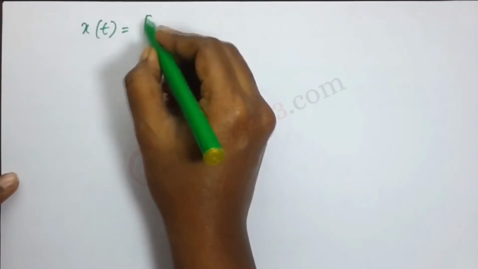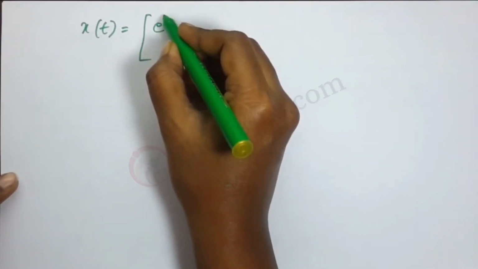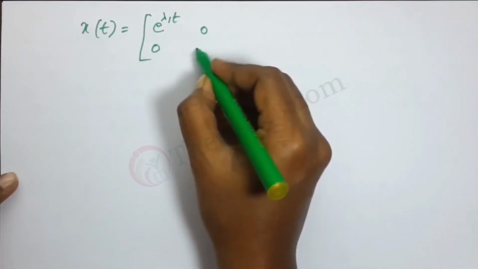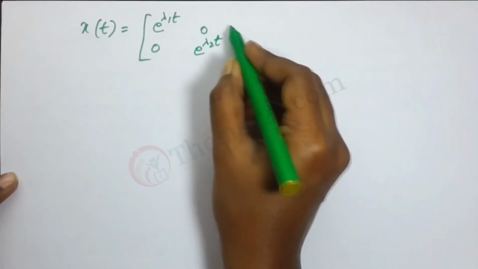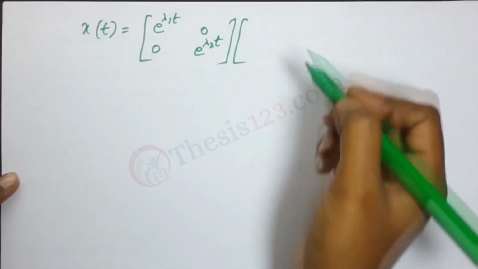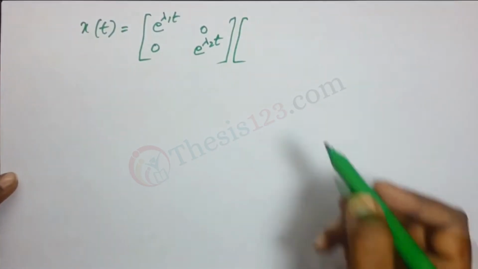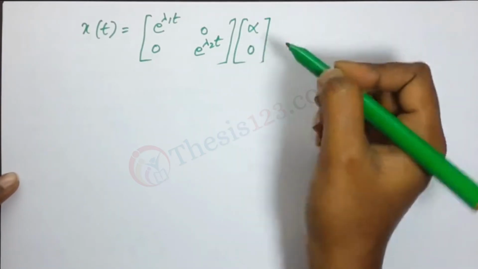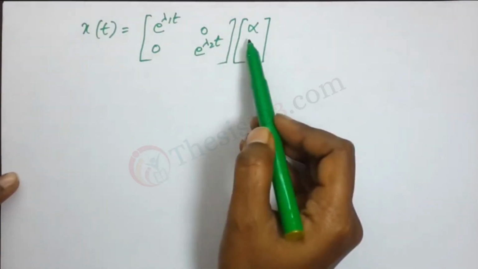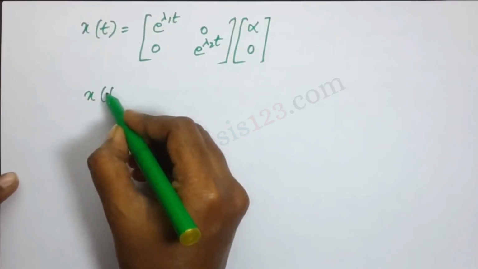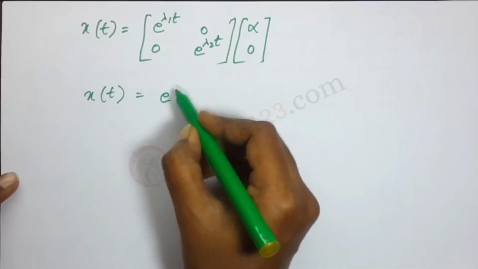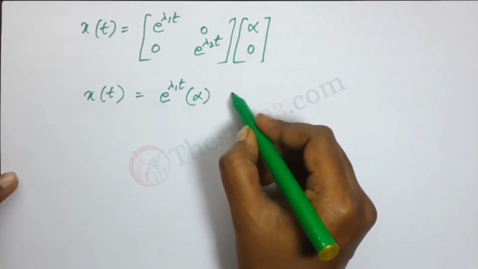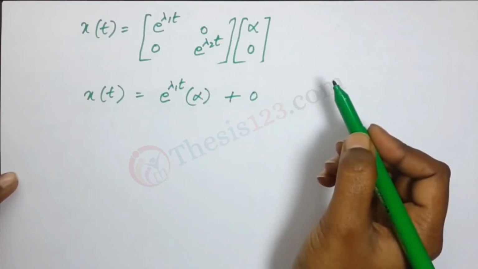Phi of t is what we have, the 2 by 2 matrix, which is e power lambda 1t, 0, 0, e power lambda 2t, into x of 0, which is our initial condition, written in matrix form as alpha, 0. Now if we multiply both of these matrices, we get e power lambda 1t times alpha plus 0.